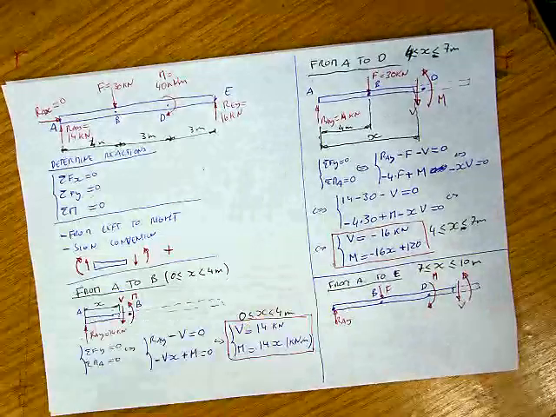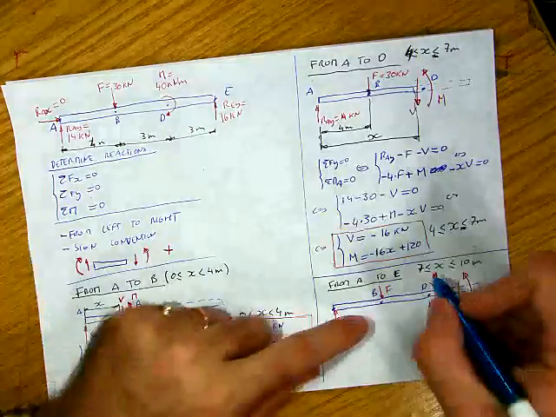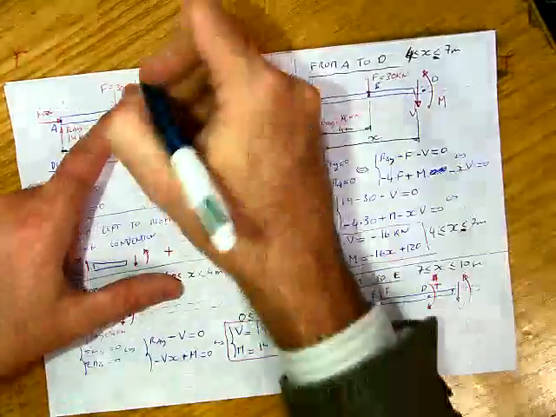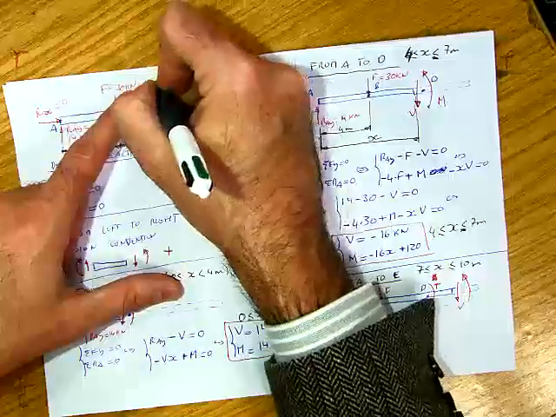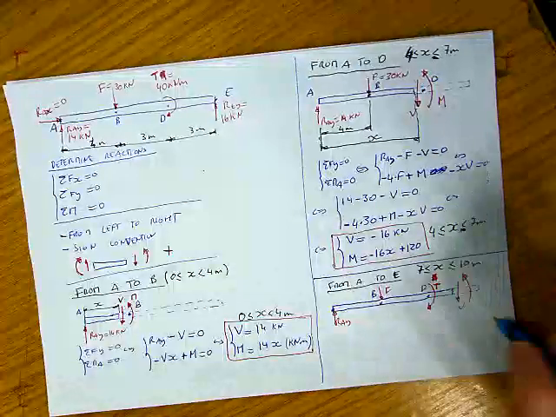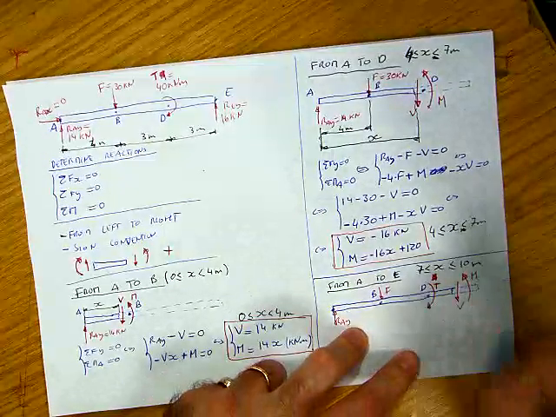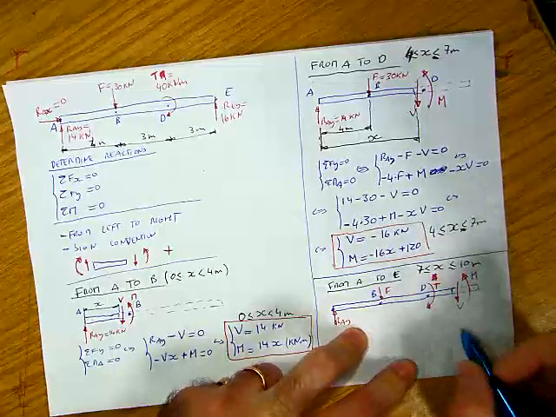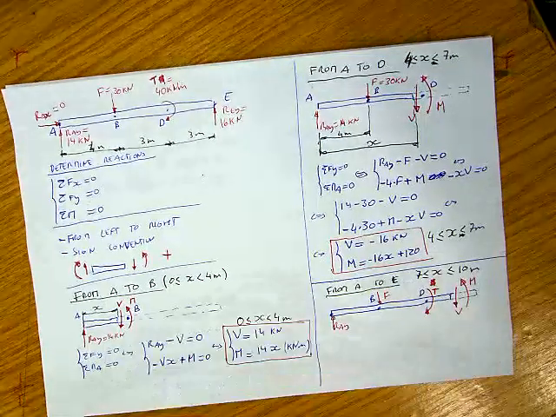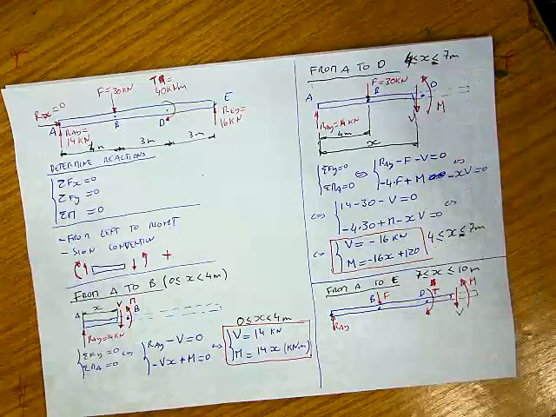Now, in order not to use the same letters, instead of calling this M, I'm going to call this T, for torque, just for the sake of being a little bit clearer, because I'm using M for bending moment, so I can now sketch M here. Again, this is the positive sign convention, V going down and M being anti-clockwise when it is on the right side. Okay, so what I do again, I write the equations.